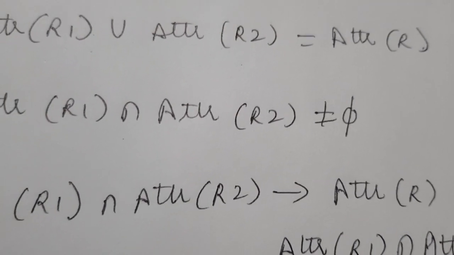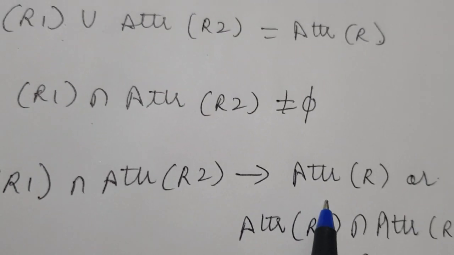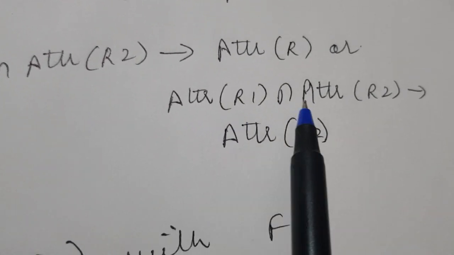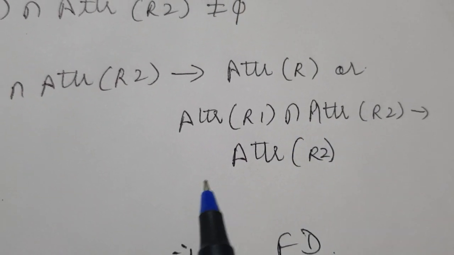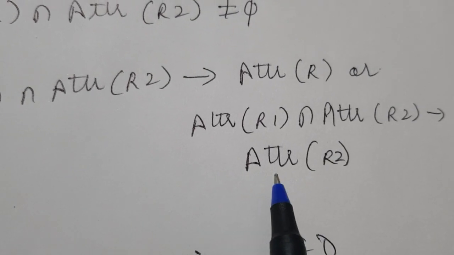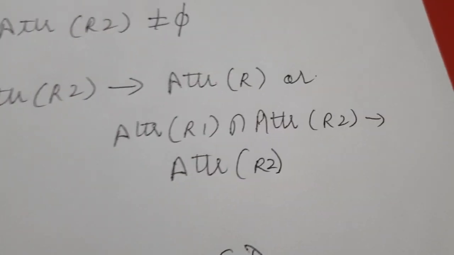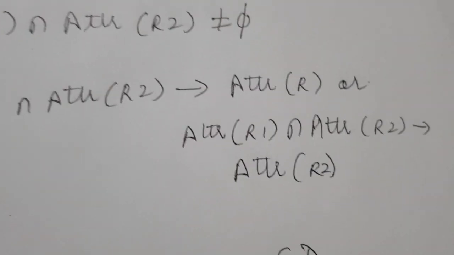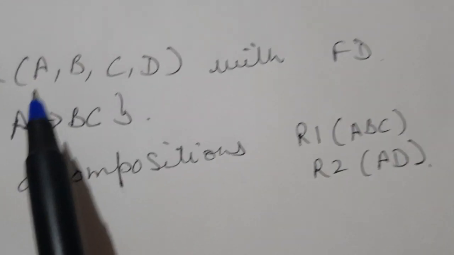From the common intersection of these two attribute sets, we will be able to derive any attribute, or we say attributes of R1 intersection attributes of R2 may derive attributes of R2 in this case. Anything is possible. Now to make this clear, let us take an example.